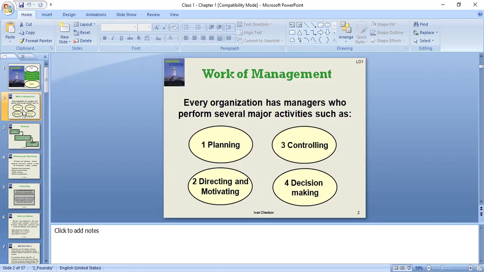Why do I need to plan? Why do we need to direct and motivate ourselves or our employees or the people that we're working with? Why do we need to control them? Simply because we have objectives. We have a goal. If we don't have a goal, then nothing makes sense.